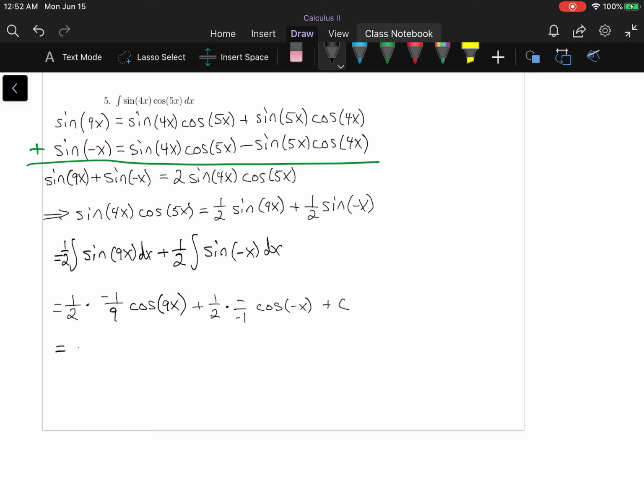And this simplifies to negative 1/18 cosine of 9x plus 1/2 cosine of negative x plus c.